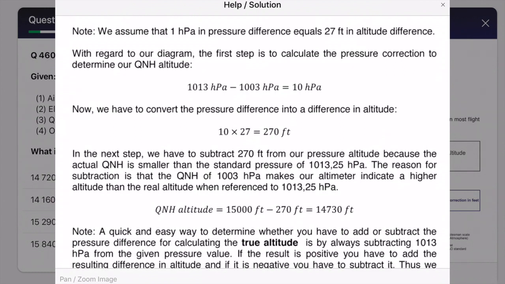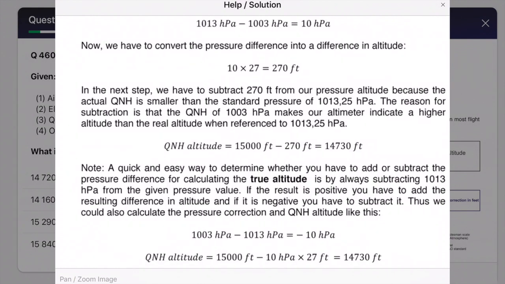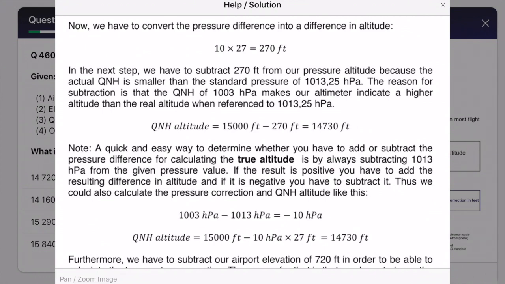Here's also a hint or note. If you don't know whether you have to add or subtract from 1013 hectopascal, here it says a quick and easy way to determine whether you have to add or subtract the pressure difference for calculating the true altitude is by always subtracting 1013 hectopascal from the given pressure value. If the result is positive, you have to add the resulting difference in altitude, and if it is negative, you have to subtract it.